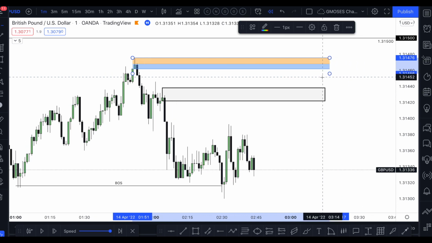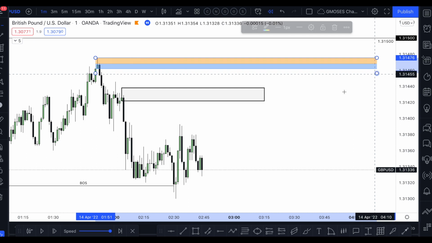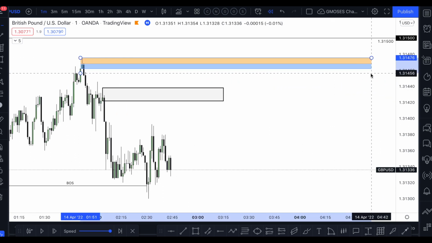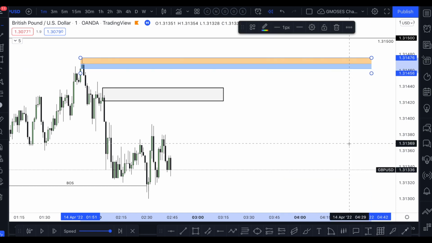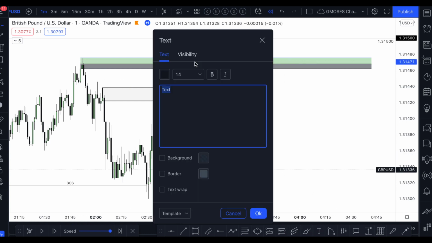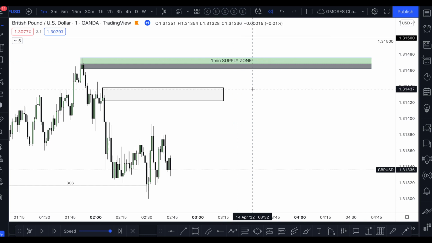I like to utilize a Gann box sometimes to mark this area up, and I'll change the color of this. For this, I'll call this my 1 minute supply zone. That's what we'll call this area here.